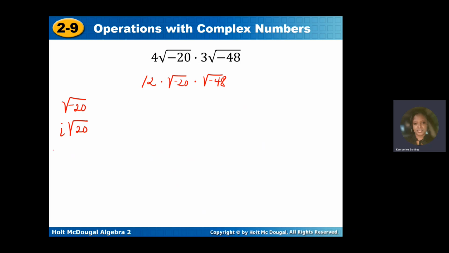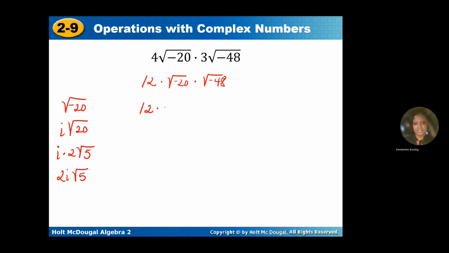So this will be I times 2 root 5, right? But how would I clean that up? Well, 2I root 5. Okay, cool. So now I have 12 times 2I root 5, because the square root of negative 20 simplifies to 2I root 5.